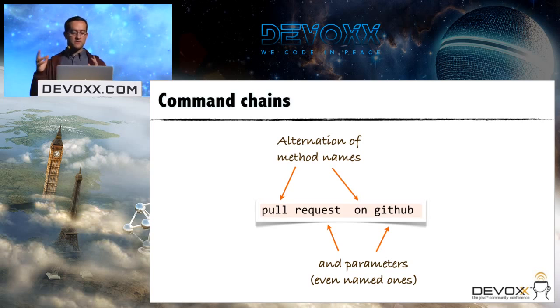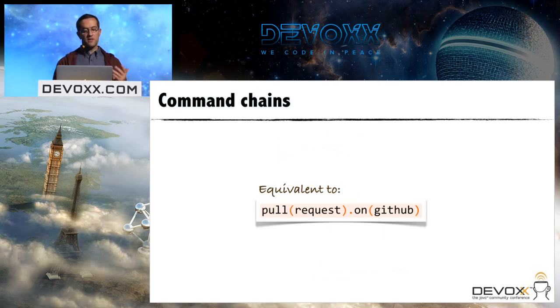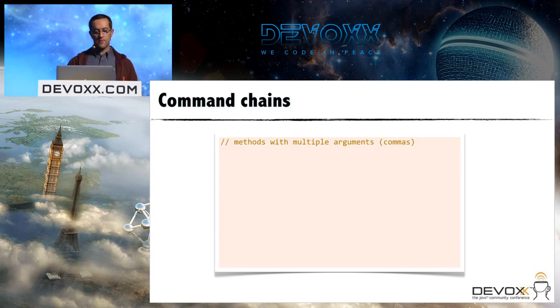You can also have several parameters separated by commas, or you can have named parameters with key name, colon, value. This is actually equivalent to calling pull request, that's the first parameter of the pull method. This call is returning some object on which we are able to call the on method, which takes GitHub as a parameter. So this is the basic principle.